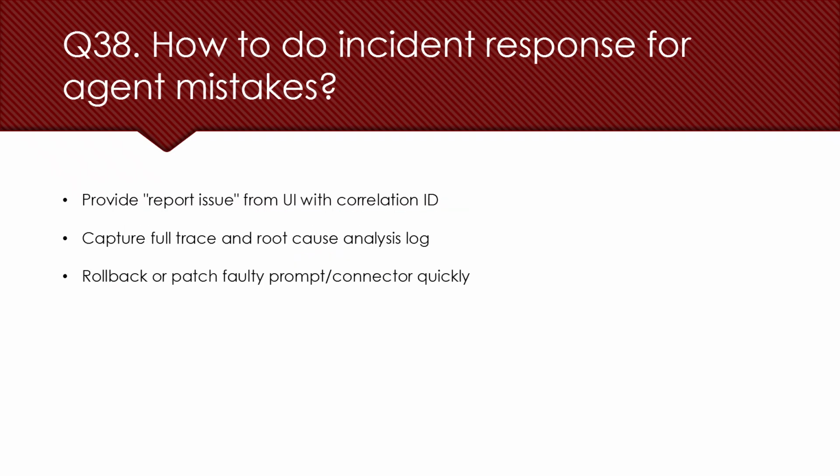Question number 38. How to do incident response for agent mistakes? When the agent produces an erroneous or harmful output, the user should easily report the issue with context and a correlation ID. This is very, very important, with the context and the correlation ID. This will enable quick retrieval of the full request-response trace for root cause analysis.